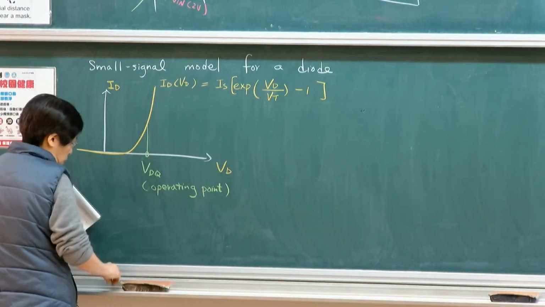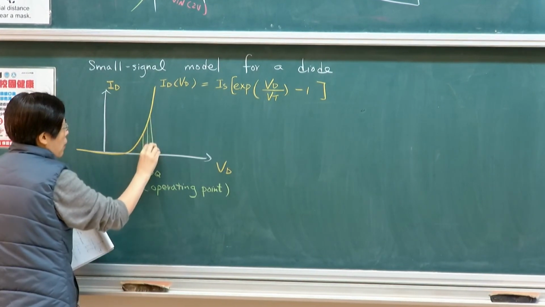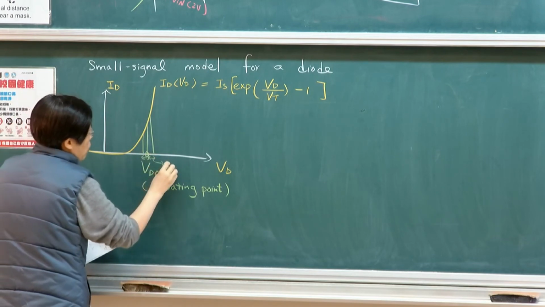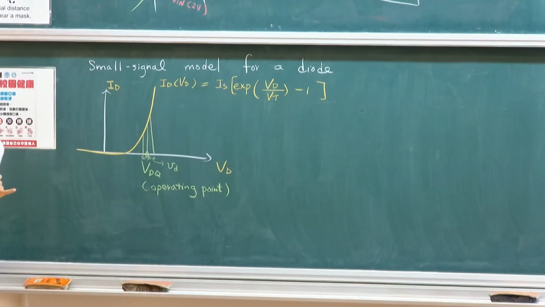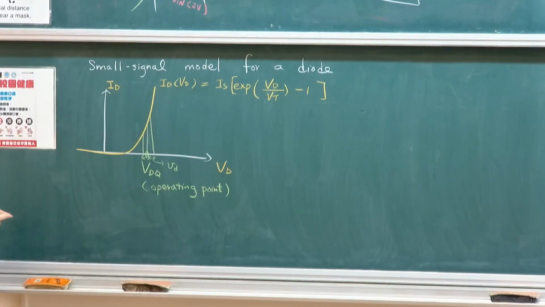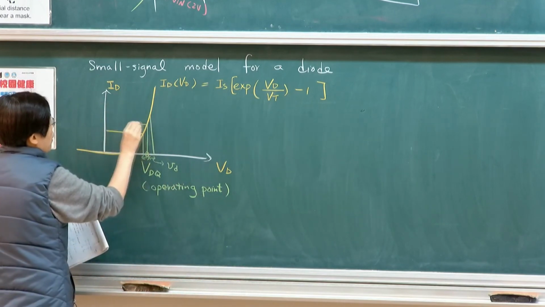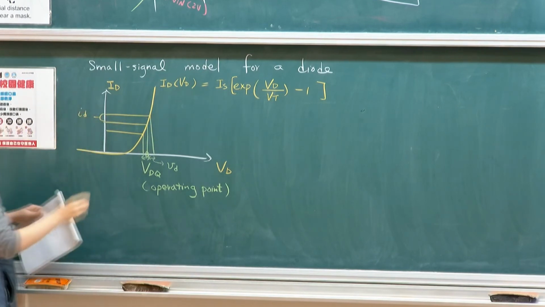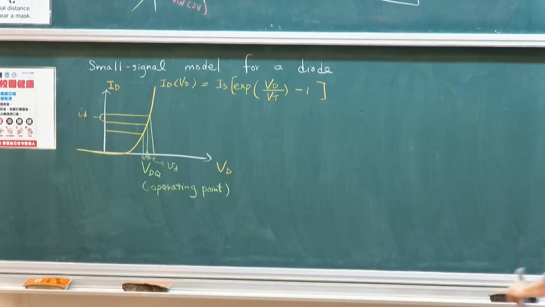What I want to see is, from this particular operating point, if I move a little bit away from the center, so let's say this is vd, a small signal variation at this point, this is the magnitude of my fluctuation, what is the corresponding change? Let me emphasize again.